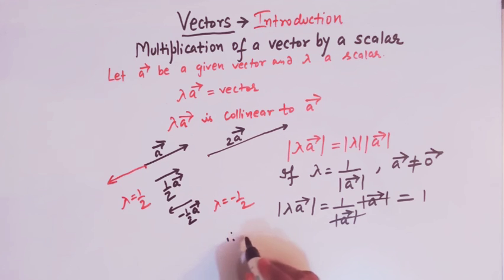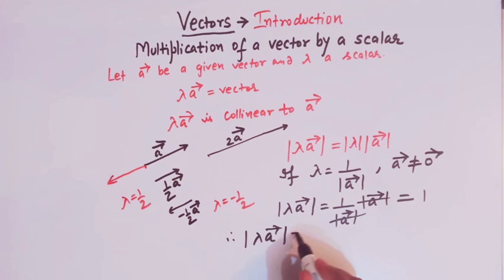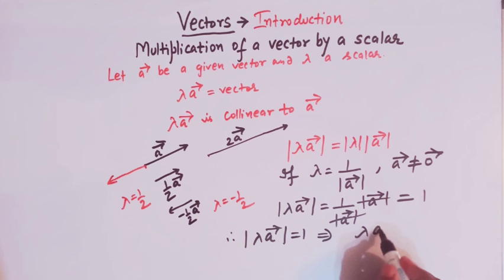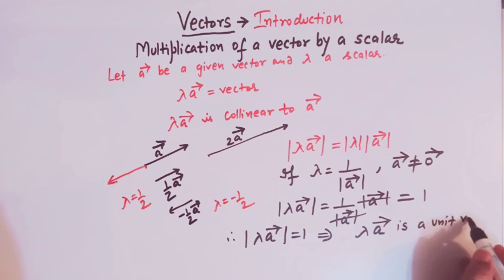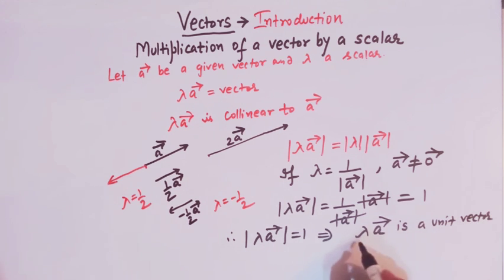So this expression, that is the magnitude of lambda times vector A, is equal to 1, and this shows that lambda times vector A is a unit vector. It is a unit vector, and the direction of this vector is in the direction of vector A, right?